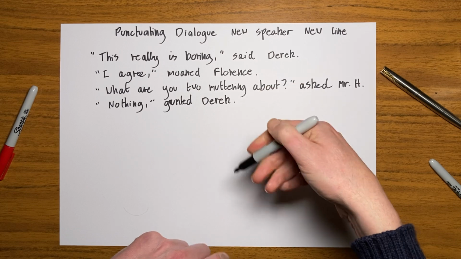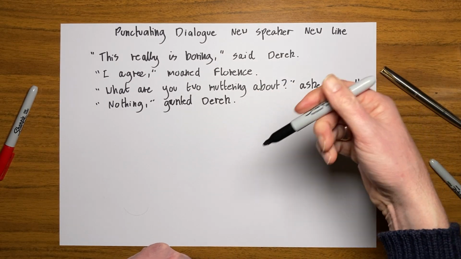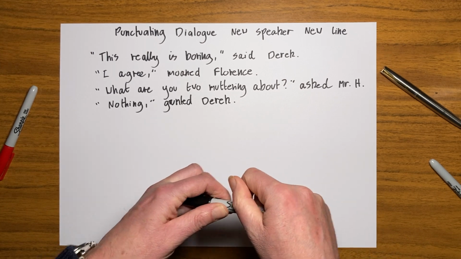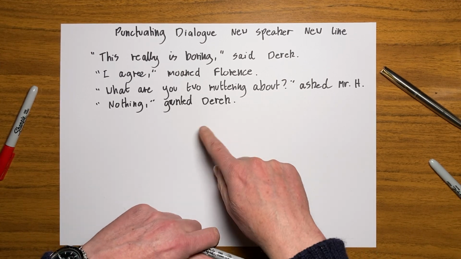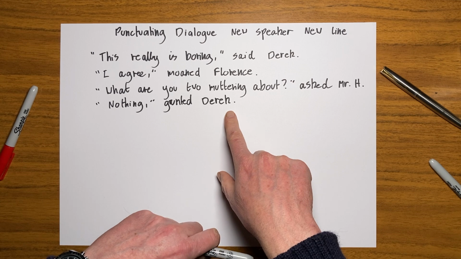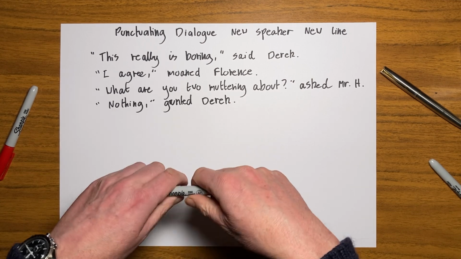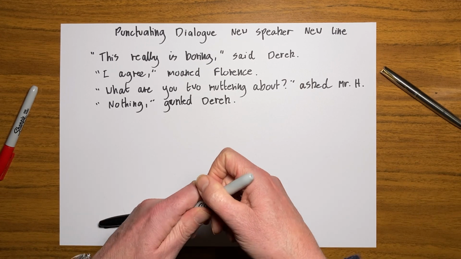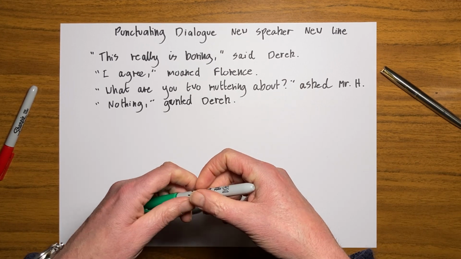Now, I think you've got the idea here. New line, new speaker. If you're going to add any narrative, and by narrative I mean description, you can carry that on. So if I'm going to write something about how Derek is sitting, now I can carry it on. I'm going to write the narrative in green just to make it a little bit different. "Nothing," grunted Derek.